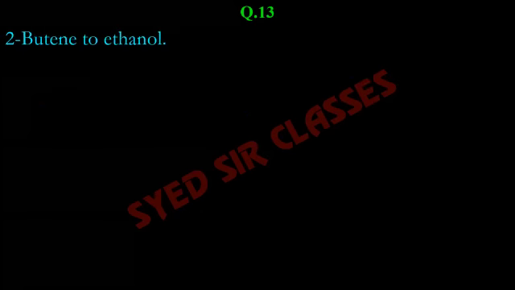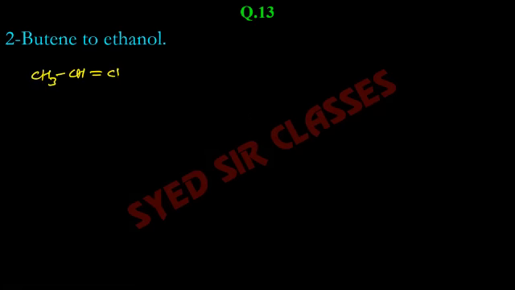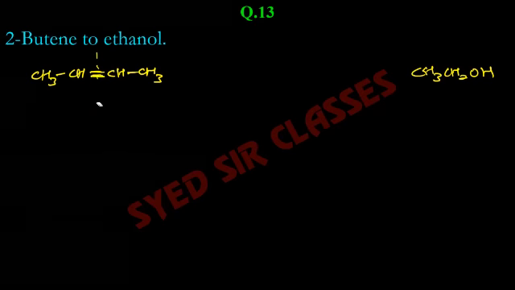Next, 2-butene to ethanol. So 2-butene means the double bond will be in the middle. You have to convert it to CH3CH2OH. Now remember, you have to convert 4 carbons to 2 carbons, means you have to split this double bond. And to split this double bond, in 11th I have told you formation of ozonide. I hope everyone remembers how to form the ozonide.